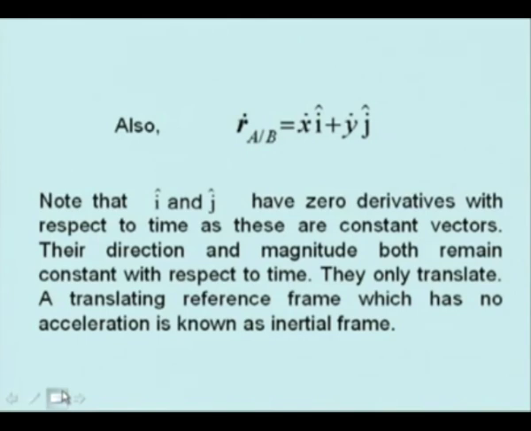Their direction and magnitude both remain constant. A translating reference frame which has no acceleration is known as an inertial frame. If a translating reference frame has an acceleration, it is known as a non-inertial frame. A rotating reference frame cannot be an inertial frame. An inertial frame is a reference frame which is translating with respect to the other reference frame with constant velocity.